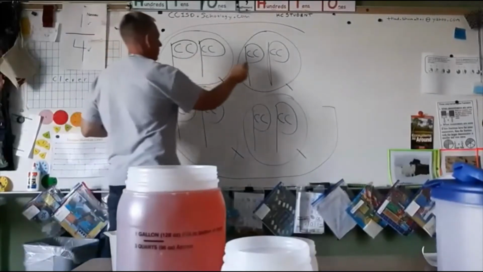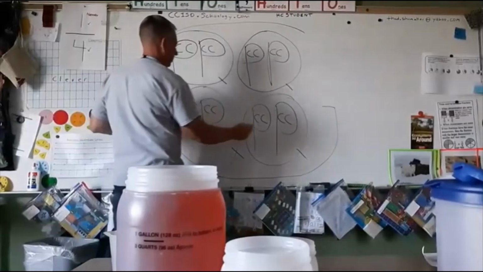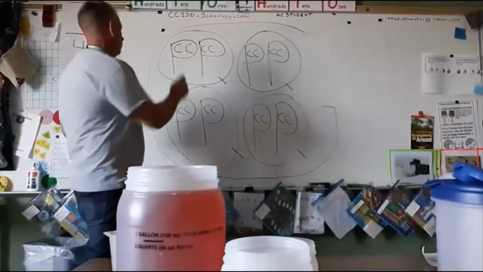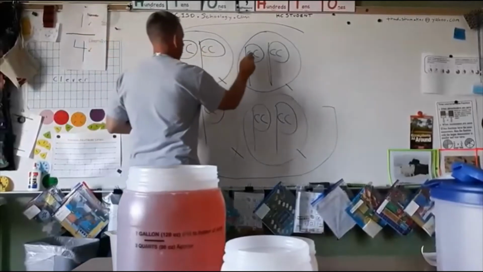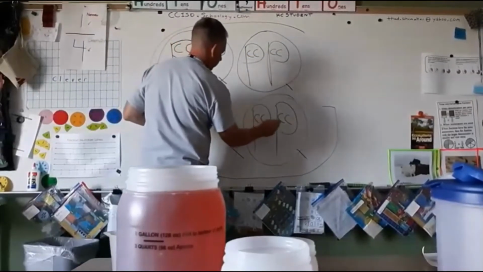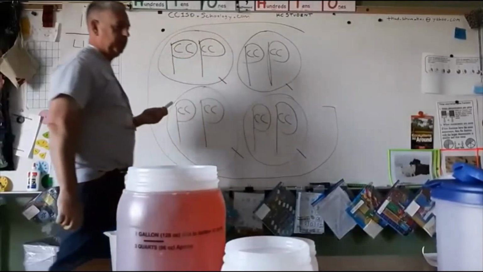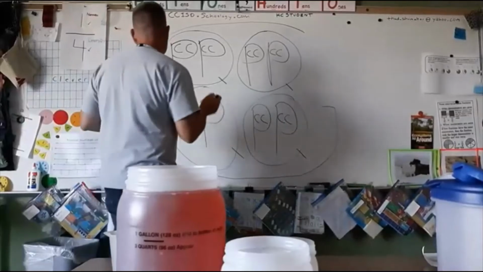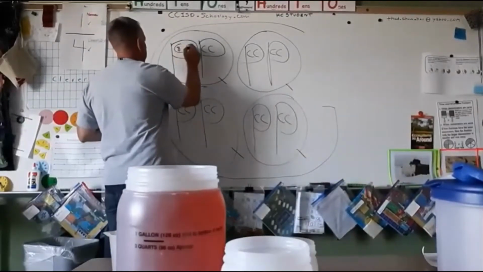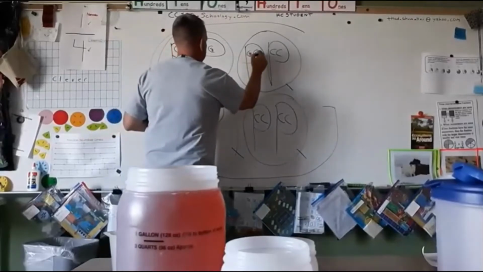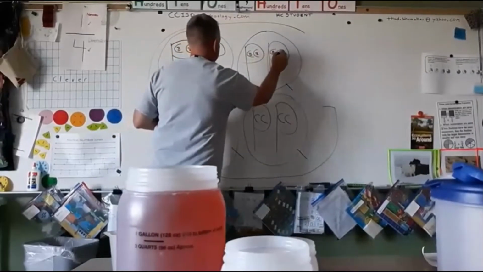That's 1, 2, 3, 4, 5, 6, 7, 8, 8 pints in a gallon. And cups in a gallon, you go 1, 2, 3, 4, 5, 6, 7, 8, 9, 10, 11, 12, 13, 14, 15, 16 cups in a gallon. If you want to take it a little bit further, each cup has 8 fluid ounces. So I'm just going to draw an 8 inside of each one of my C's here.